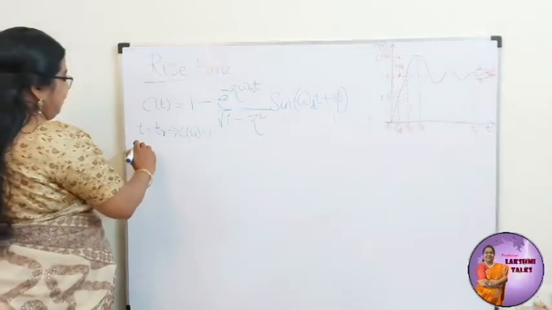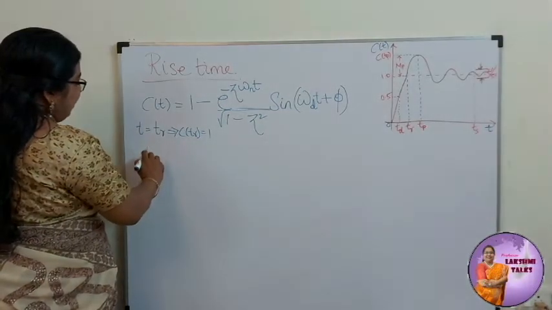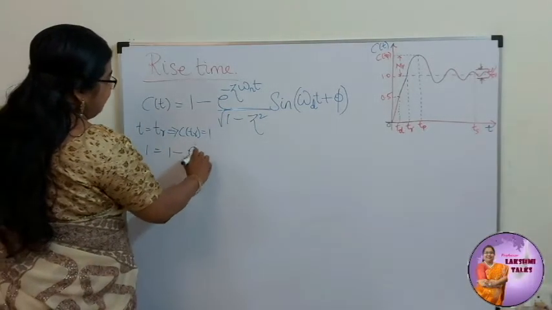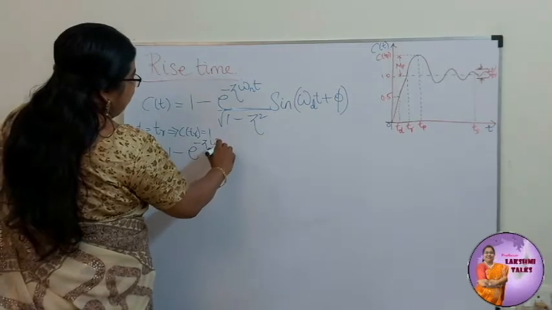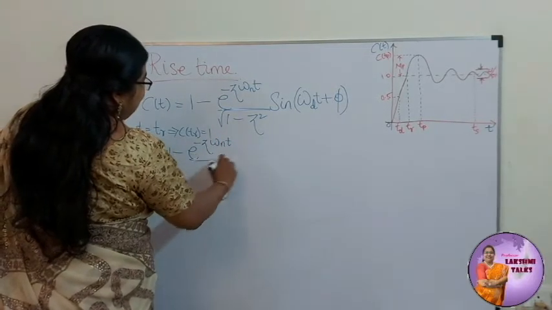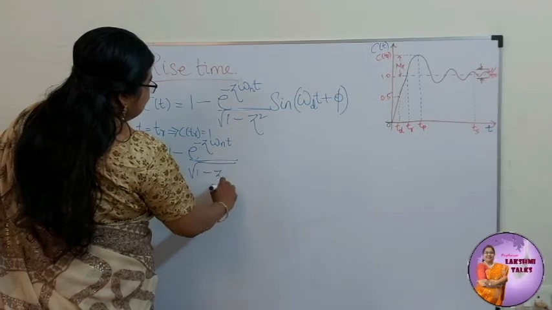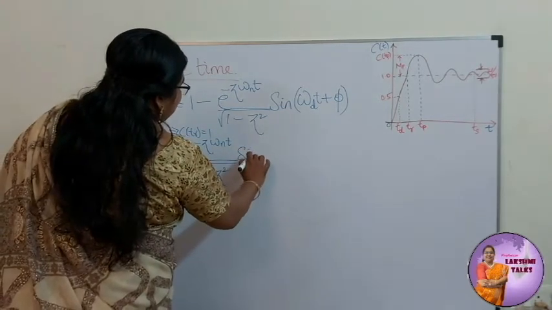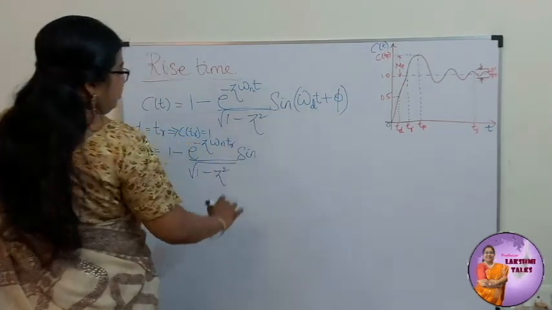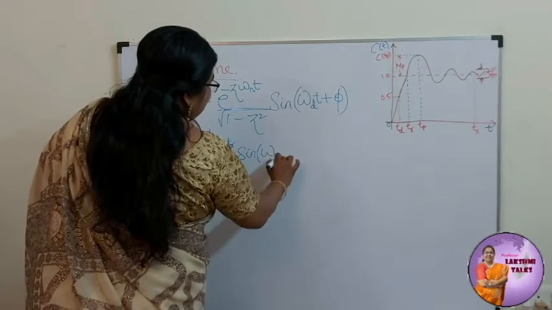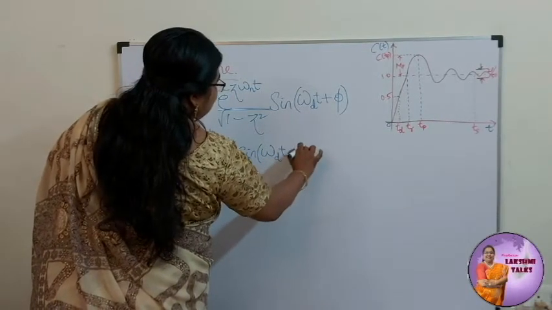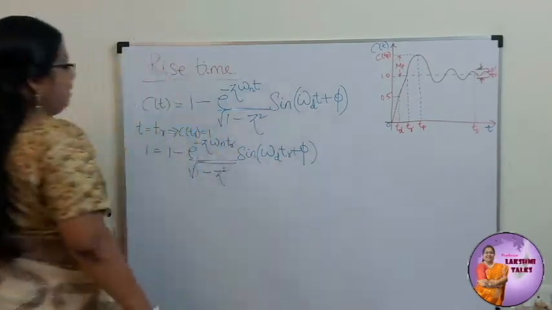Okay. So here 1 is equal to 1 minus e power minus zeta omega n t r divided by root of 1 minus zeta square sine of omega d t r plus phi. Right?